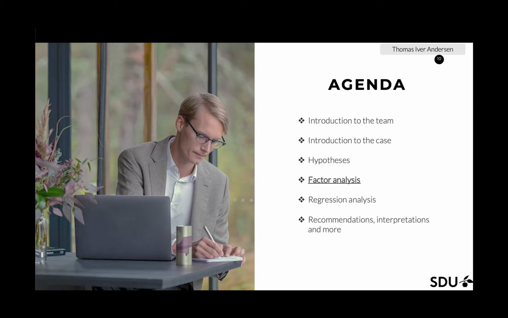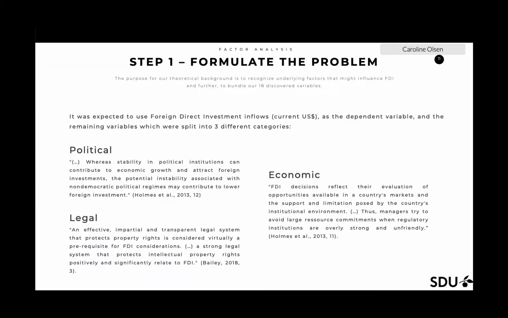We'll now move on to the factor analysis. So based on our theory of Bailey 2018 and Holmes et al. 2013, we have determined 3 different categories: political, economic, and legal factors, which we believe have an impact on FDI. So firstly, if we take a look at the political factor, Holmes et al. 2013 argued that non-democratic political regimes may contribute to lower FDI.